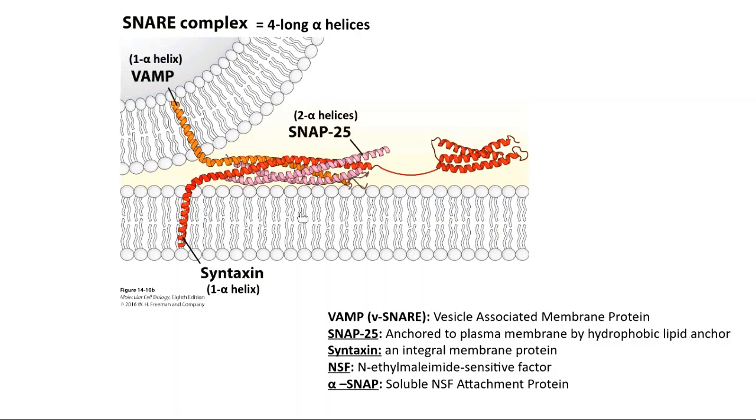Okay, so four long alpha helices, two from the SNAP25 and one each from syntaxin and VAMP, form numerous non-covalent interactions to form a four-helix coiled coil, and this holds together to bring this coated vesicle or uncoated vesicle, or depolymerized, I mean, there is no coat basically.